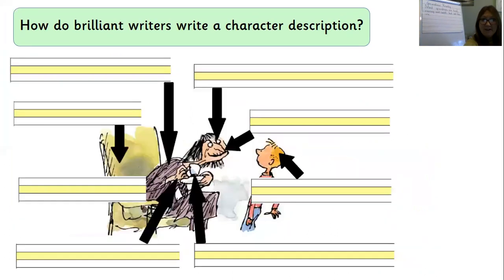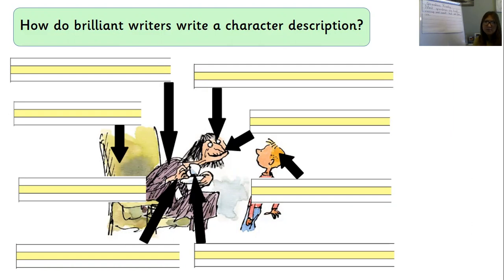You've also done lots of work looking at Grandma's appearance when we were looking at possessive apostrophes. You could go back and look at that work to help you come up with your ideas. It might be worth putting this picture on pause for a minute and studying the picture, looking at her face, her nose, her chin, her mouth, her knees, and thinking what adjectives you can use to describe them.